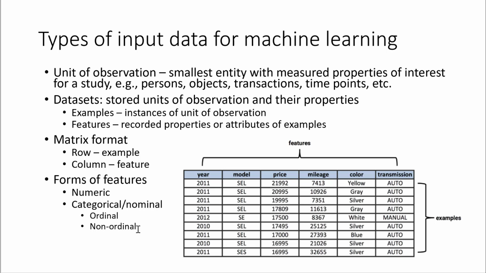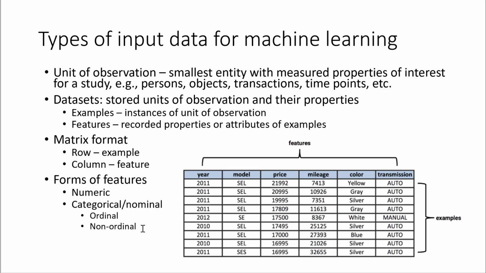You can see there is an order to these different clothing sizes, so this is an ordinal feature. For example, the colors of cars can be yellow, gray, silver, white. There is no order in it, so these are non-ordinal features.